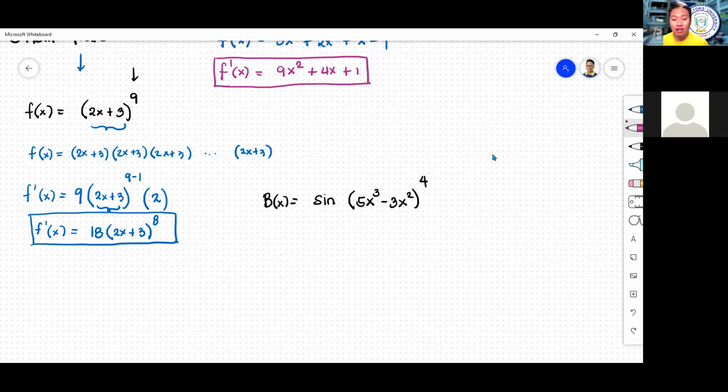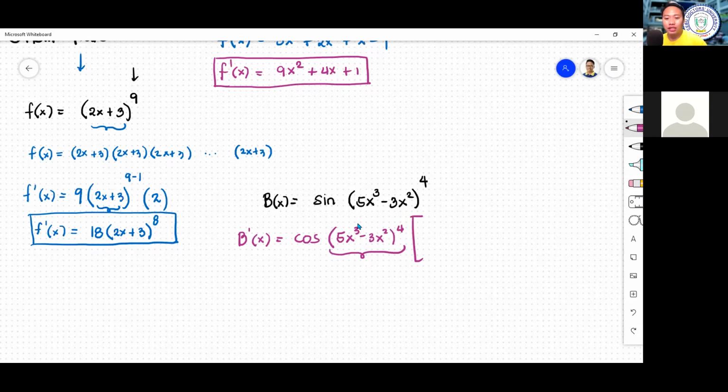So if it's cosine, what I'm going to do is write the cosine first. So b prime of x equals cosine. Copy everything that is in the given, 5x cubed minus 3x squared raised to the power of 4, times the derivative of this term here.